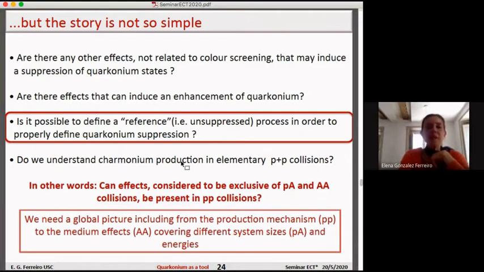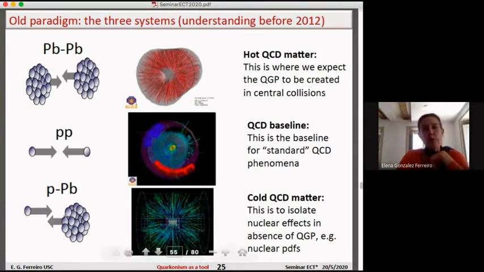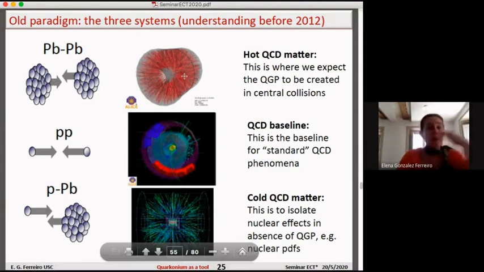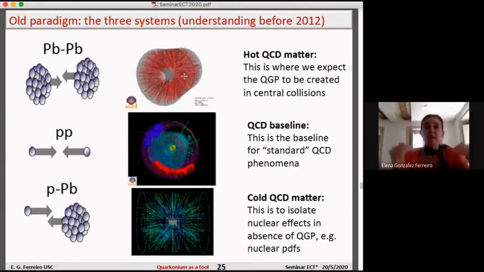This is motivated by the fact that this division between proton-proton, proton-nucleus, and nucleus-nucleus, the old paradigm of three different, clearly isolated systems, was at play up to 2012. Since then, there is a whole community also working on small systems.